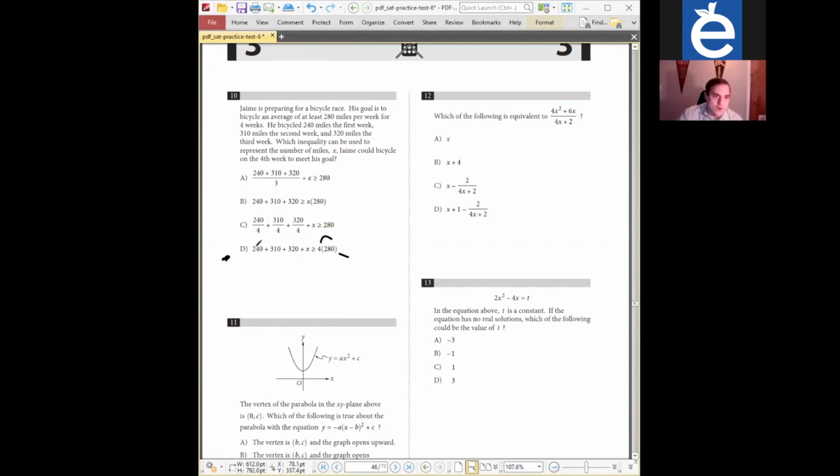Now that we have a total, we can just subtract the miles we did, and what we'd be left with is how many miles we have left to go in order to achieve the amount of miles we needed.